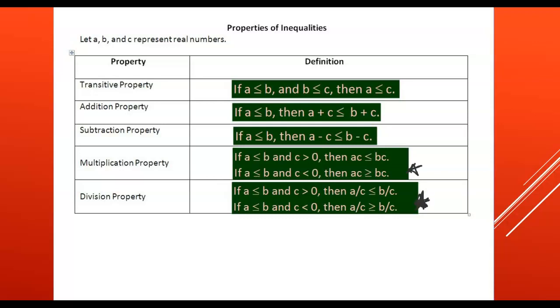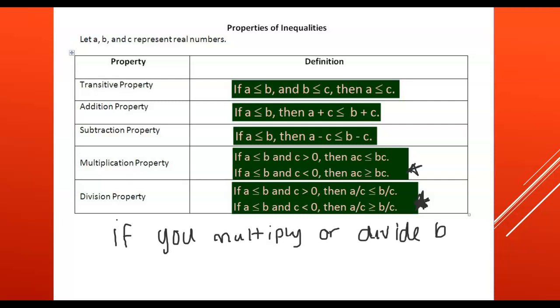Something less than 0 is a negative. If you divide by a negative or multiply by a negative, then we have to recall that you switch the direction of the inequality.